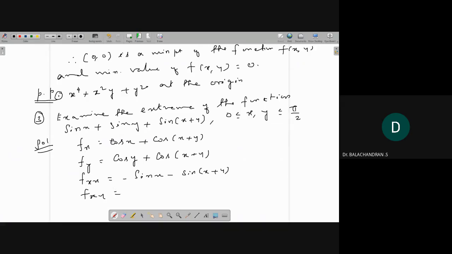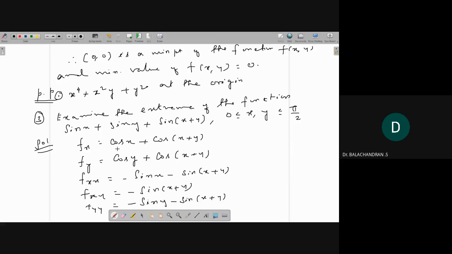This is 0. This is minus sin of x plus y. Okay. Fyy. Fyy is minus sin y minus sin of x plus y.